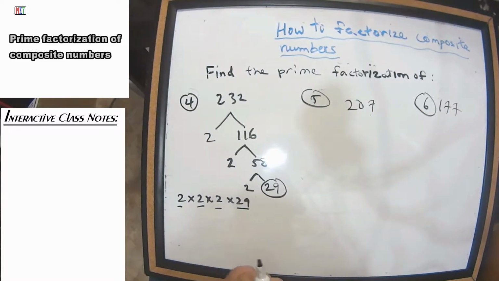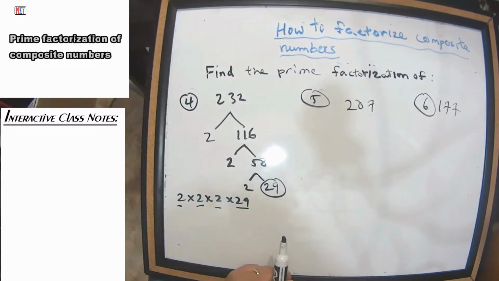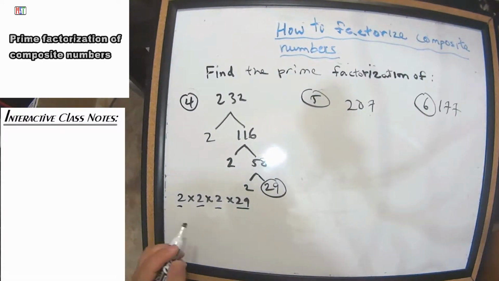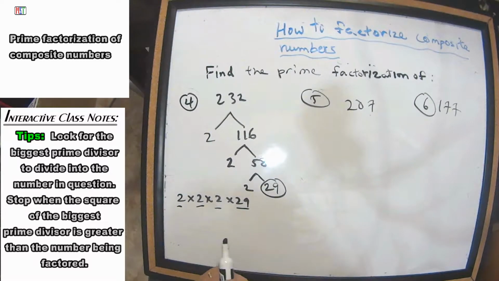Now, if you memorize all the prime numbers up to maybe 53, then you'll notice that 29 is one of those prime numbers. However, remember the trick that I showed you in the previous question. Look for the prime divisor that could divide into it, which will not. Okay, the biggest one, and you square it. So which one is that?